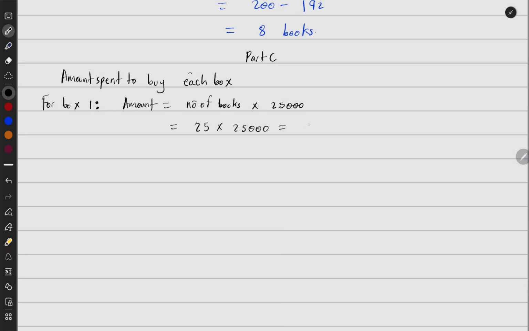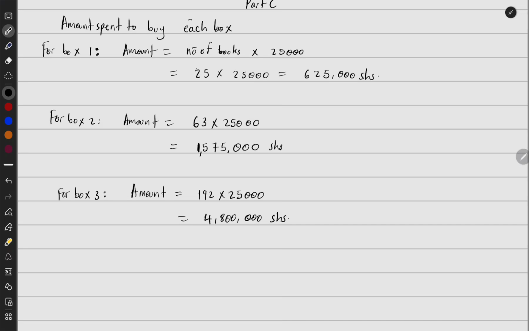And now in this case we get 625. So we do the same thing for all the other boxes. Therefore, if we do the same thing for box 2, the total number times the unit cost, and you use your calculator.